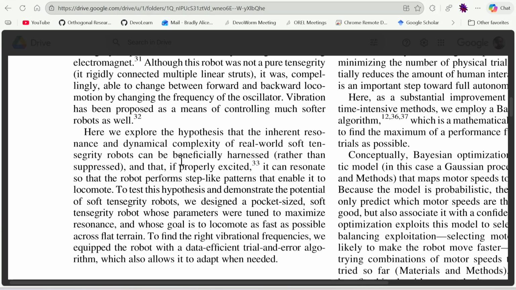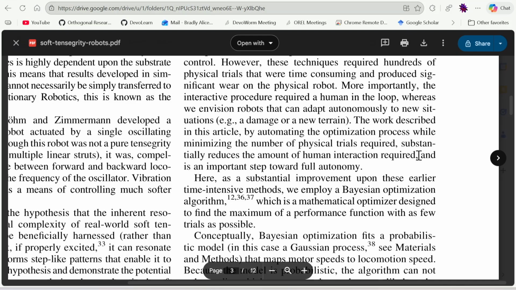So they not only need to find the right tensegrity shapes, but they also need to find the right vibrational frequencies to produce some of these behaviors. They were trying to do this kind of form finding and behavior finding. Again, this is a hard problem that could involve a lot of computational power, but we want to be able to add constraints and find the right answer for our system.